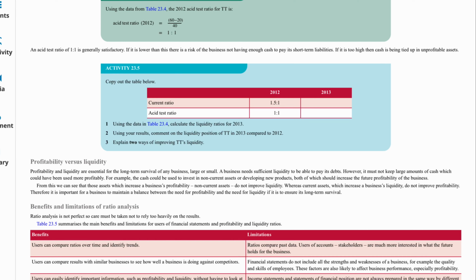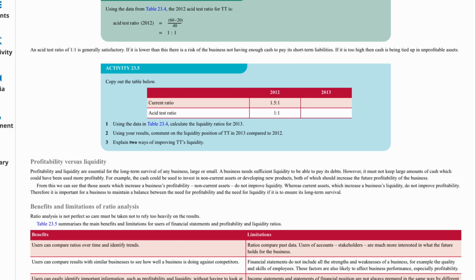Using your results, comment on the liquidity position of TT in 2013 compared to 2012. So you can say liquidity improved if the current ratio is used as a measure.